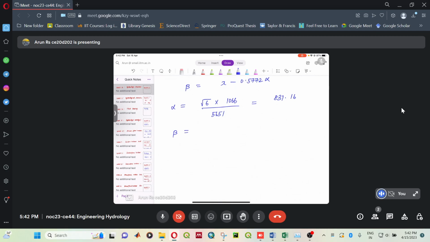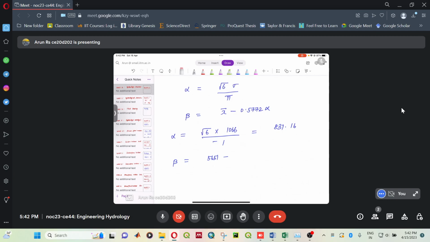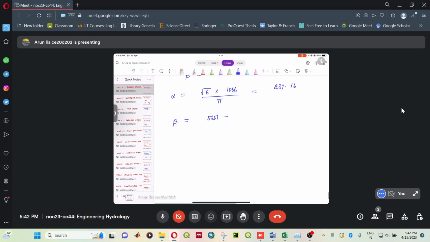And beta can be estimated as mean, which is given as 5651, minus 0.5772 into 831.16, which is alpha. So we can find out beta as 5171.256. So now we have the parameters alpha and beta.